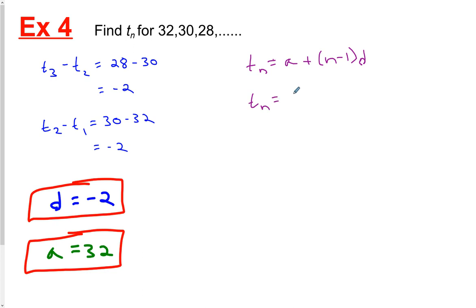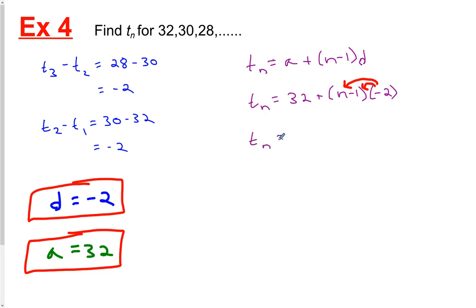My starting value is 32. My common difference is negative 2. So careful here. I'm going to put negative 2 in brackets. And I'm going to remember that I'm working with a negative number here. That's important to make sure that my algebra is going to work out correctly.